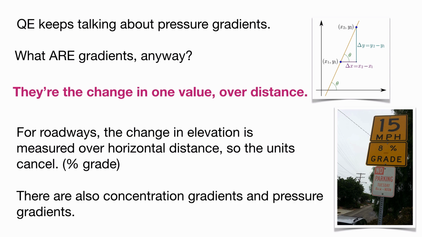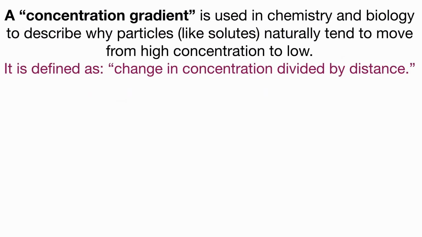There's also a concentration gradient, and there are pressure gradients. Let's look at concentration gradients. These are used in chemistry and biology to describe why particles, like solutes, tend to move from high concentration to low. When I was researching this, I found they use the phrase concentration gradient but rarely have people calculate it. Often all they mean is that the concentration is higher over here and lower over there, not actually talking about the distance.